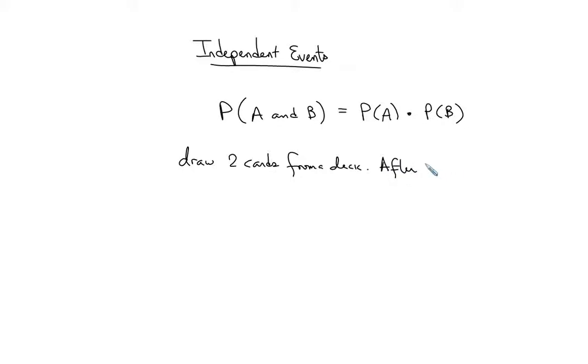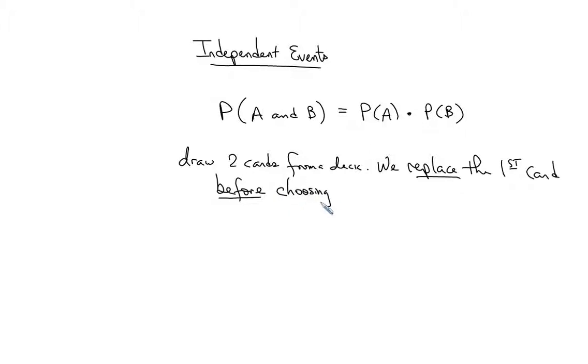After the first card, or I should say we replace the first card, this is the key word, before, also a key word, choosing the second card. What is the probability that we get an ace and then another ace?